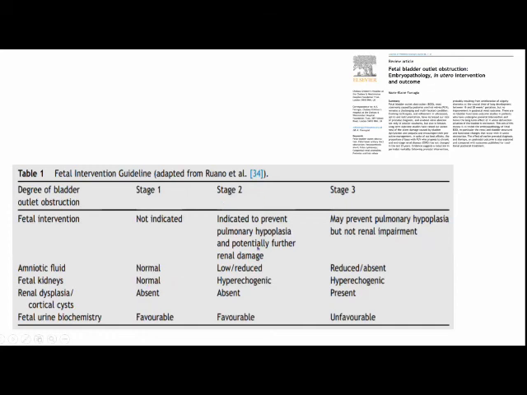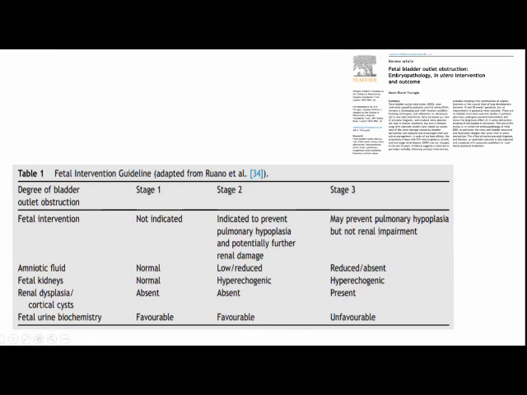Stage 2 fetal intervention is indicated to prevent pulmonary hypoplasia and potentially decrease further renal damage. The indications are reduced amniotic fluid, hypoechogenic fetal kidneys, absent renal dysplasia, and favorable fetal urinary biochemistry. So most of the time we intervene in this stage 2.